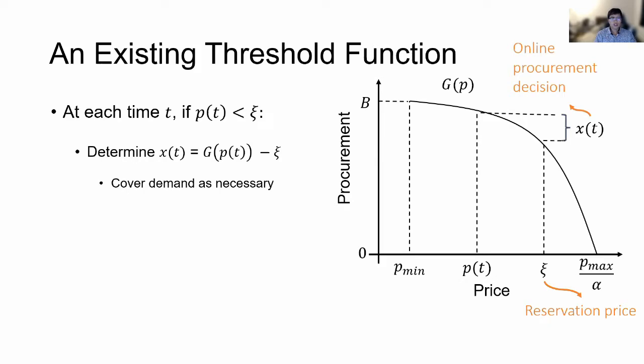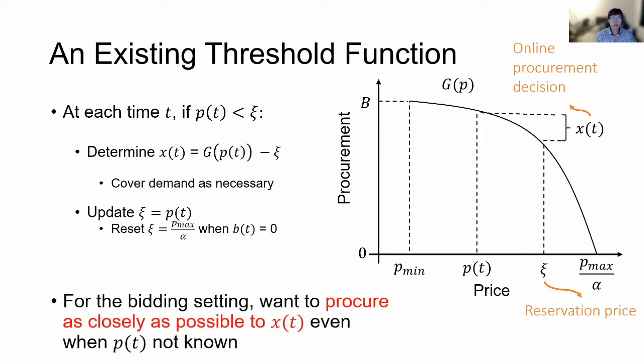And here, we also purchase more if necessary in order to cover the demand. Next, we update the reservation price Xi to P of t, and if necessary, Xi will reset if the storage level becomes empty.